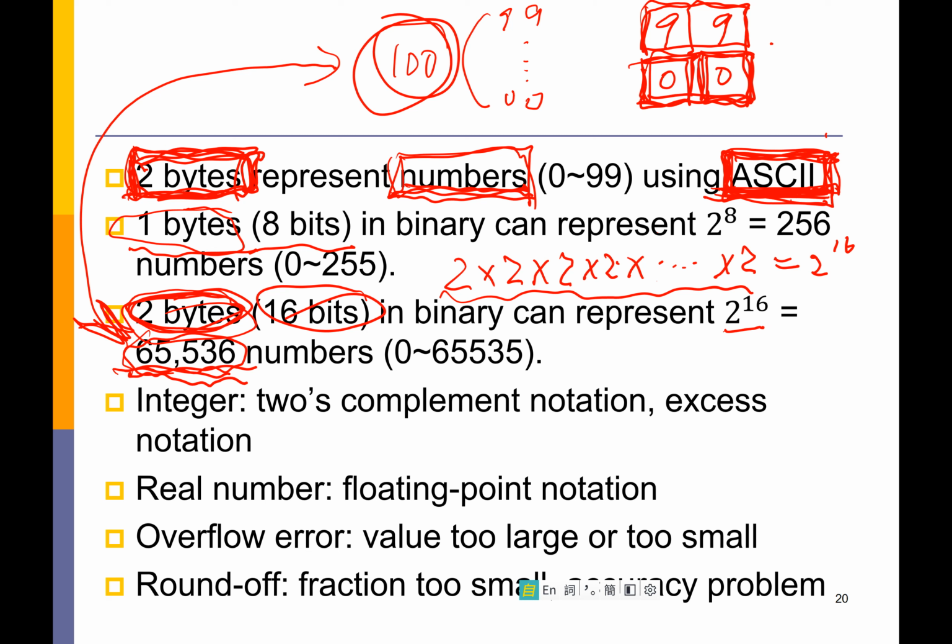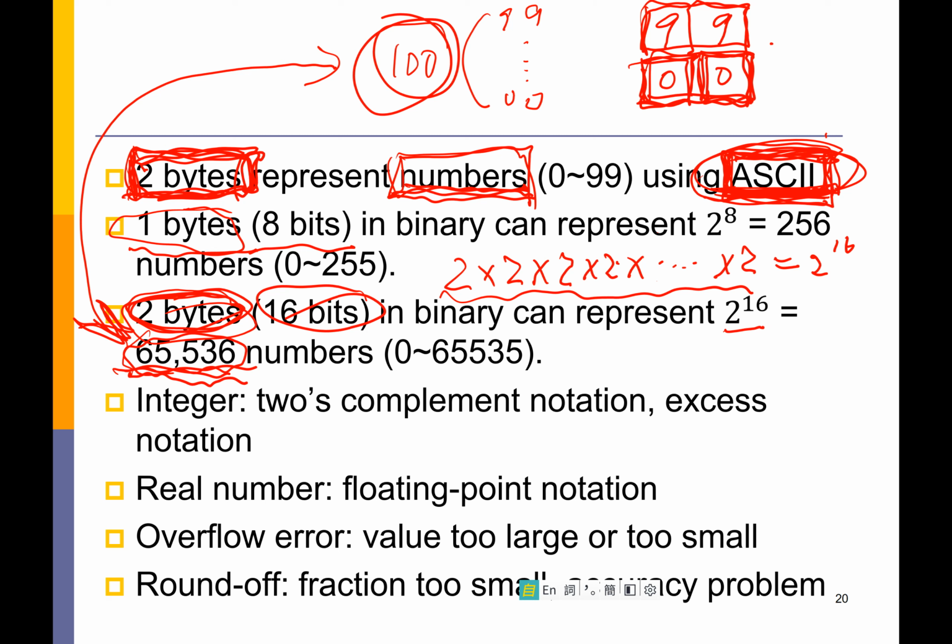So when we store or manipulate numbers in a computer system, we should not use symbols or the ASCII table to represent the number. We should use a special kind of notation to represent numbers.